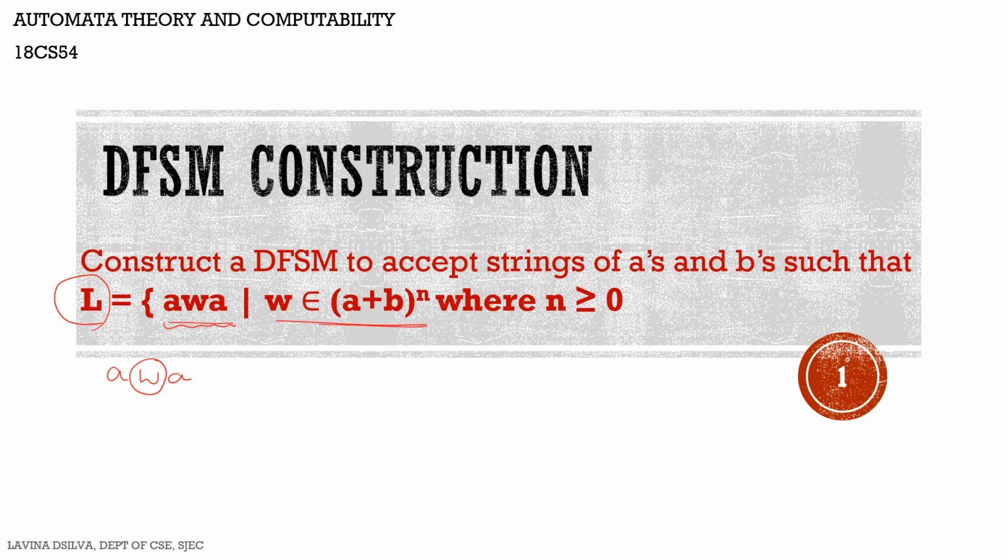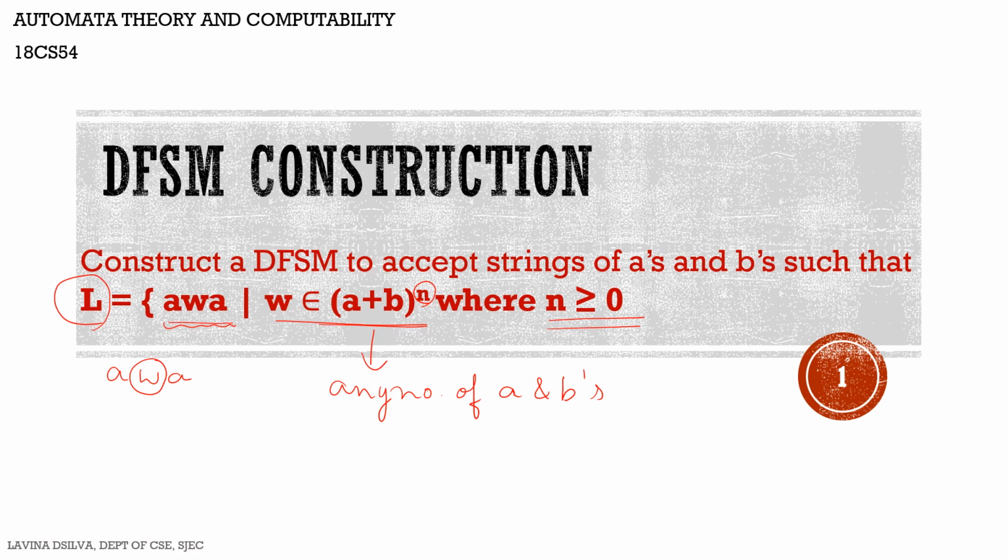This means that we can have any number of A's and B's, where the format here is W belongs to (A+B)^n, where n is greater than or equal to 0.